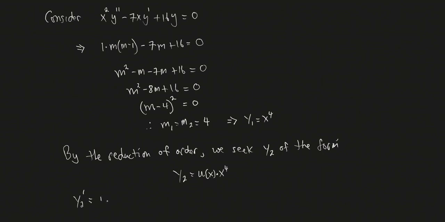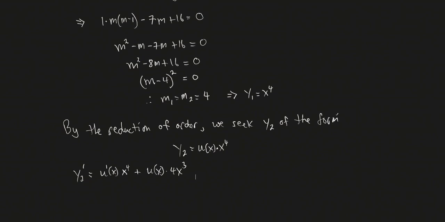So I'm going to say u prime of x times x to the fourth, plus u of x times 4x cubed. Not much we can do to simplify this. We could put the constant in front, but it's fine. We can leave it in that form.